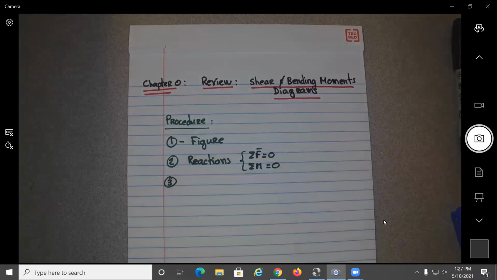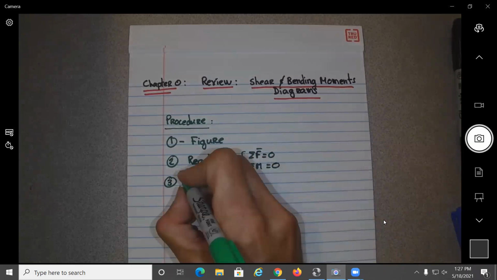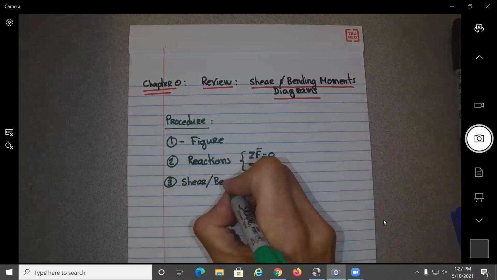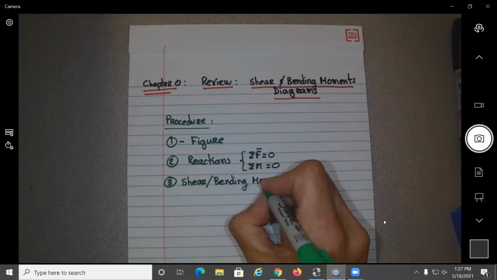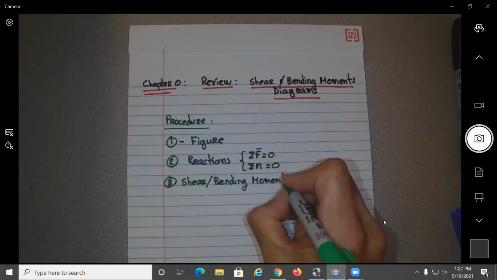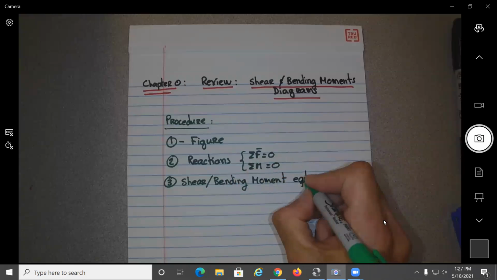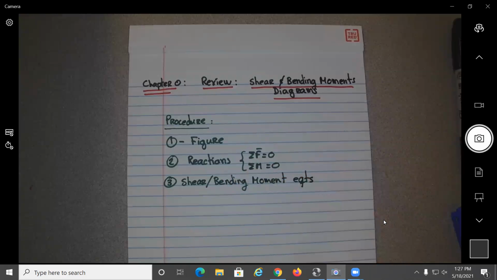Three, using the shear and bending moment equations, which I'm not going to rederive, I'm just going to give them to you. Okay, so you're going to determine the shear force and the bending moment.